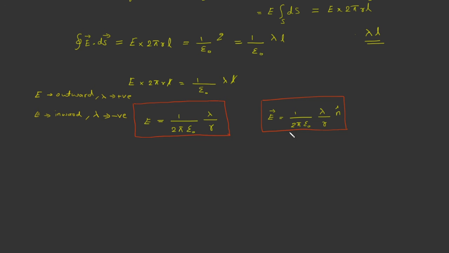So, we found an equation for electric field at a distance r away from an infinitely long straight uniformly charged wire by using Gauss's law.